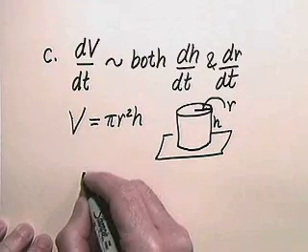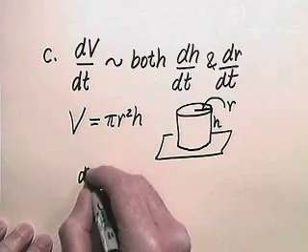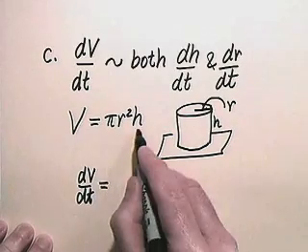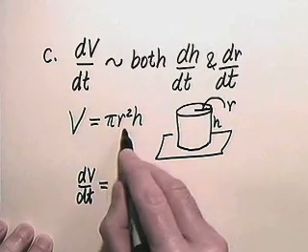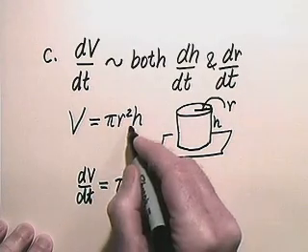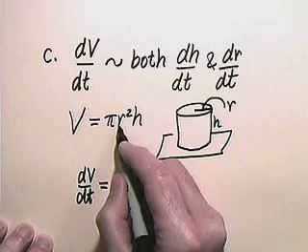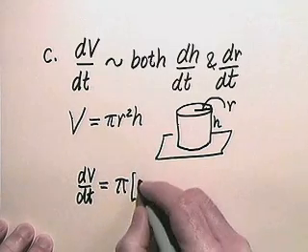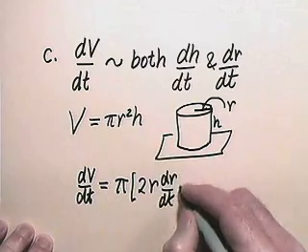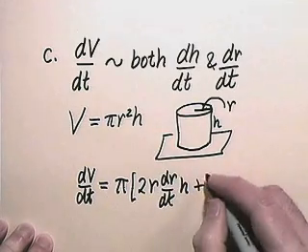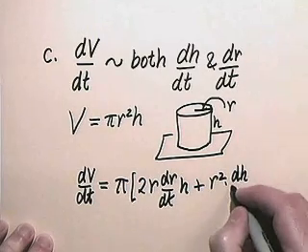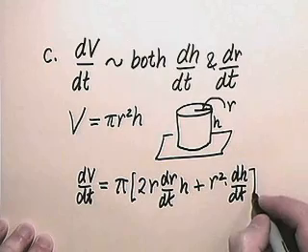But in this case, we differentiate with respect to time both sides of the equation, and both of those variables, r and h, are now functions of time. So we have to use the product rule. The derivative of the first factor, r squared, is 2r dr/dt multiplied by the second factor h, plus r squared times the derivative of the second factor dh/dt.